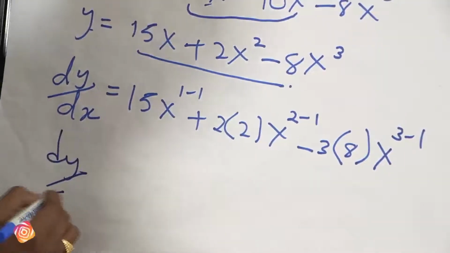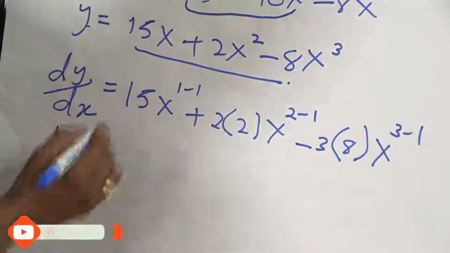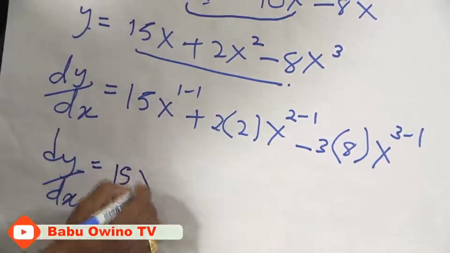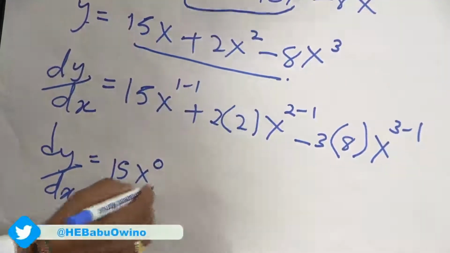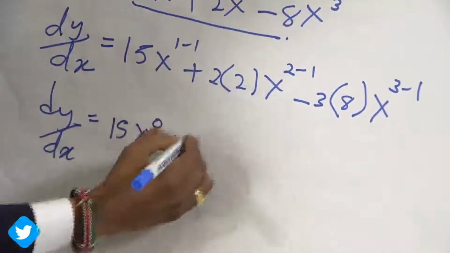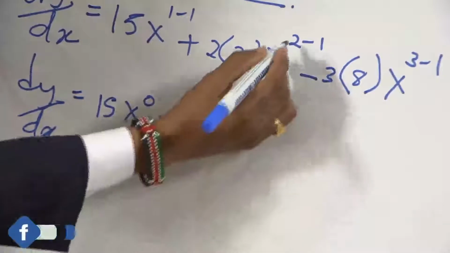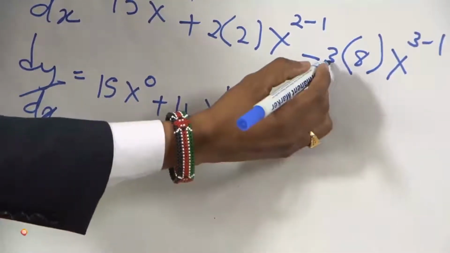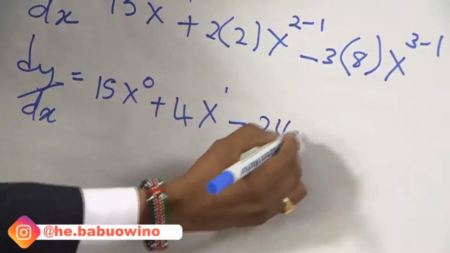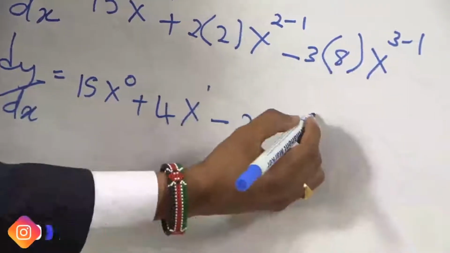So dy/dx equals 15x raised to power 0, 1 minus 1 is 0, plus 2 times 2 is 4x, 2 minus 1 is 1, minus 3 times 8 is 24, x, 3 minus 1 is 2.